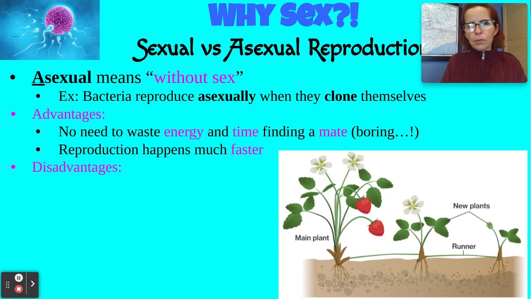So if a bumblebee, a pollinator, happens to come by and get the pollen and fertilizes another strawberry plant somewhere else, then that's sexual reproduction, and yay, that increases genetic diversity for the strawberry. But if no bee comes by, the strawberry plant doesn't have to wait for a pollinator in order to reproduce. It has the option to clone itself, or it can reproduce sexually. So it has both, which is kind of superior.